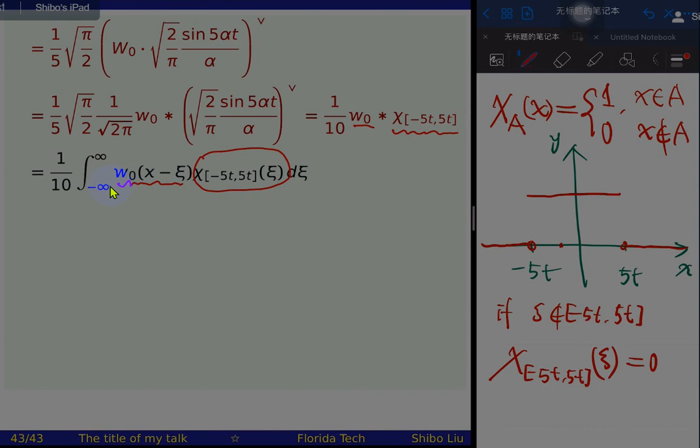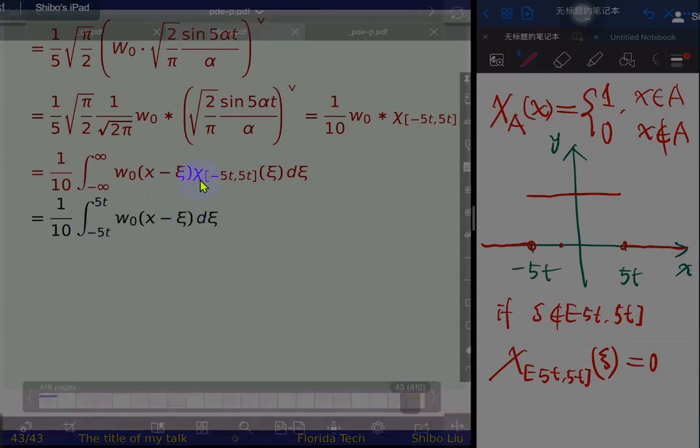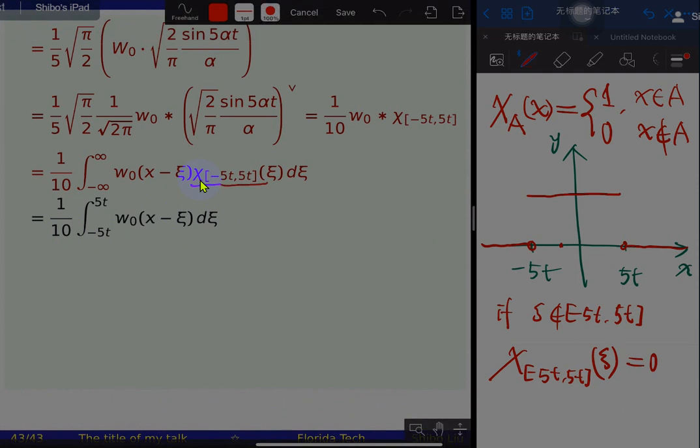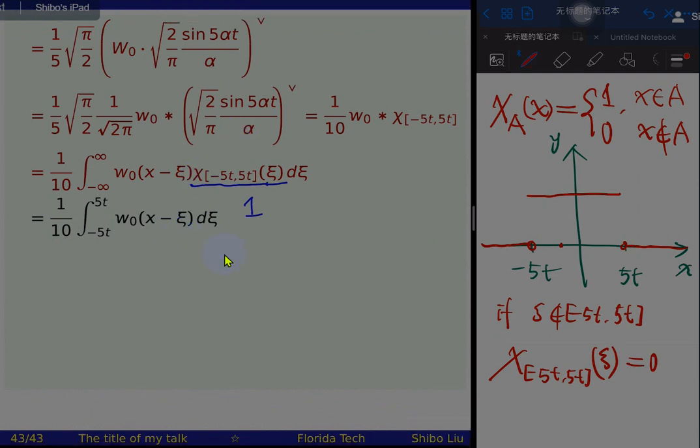So this integral can be rewritten as an integral from minus φt to φt. And in this interval, the characteristic function is 1, so it disappears from the integrand.